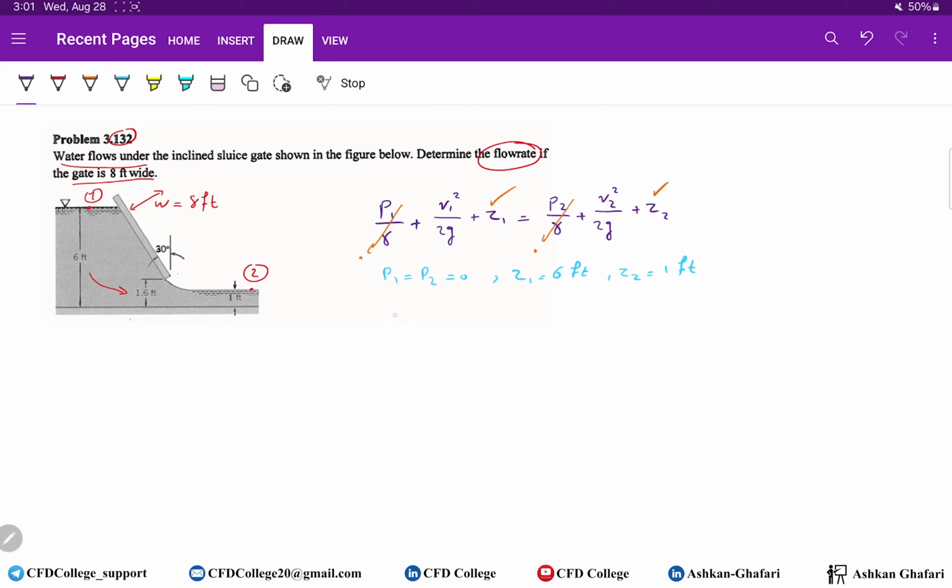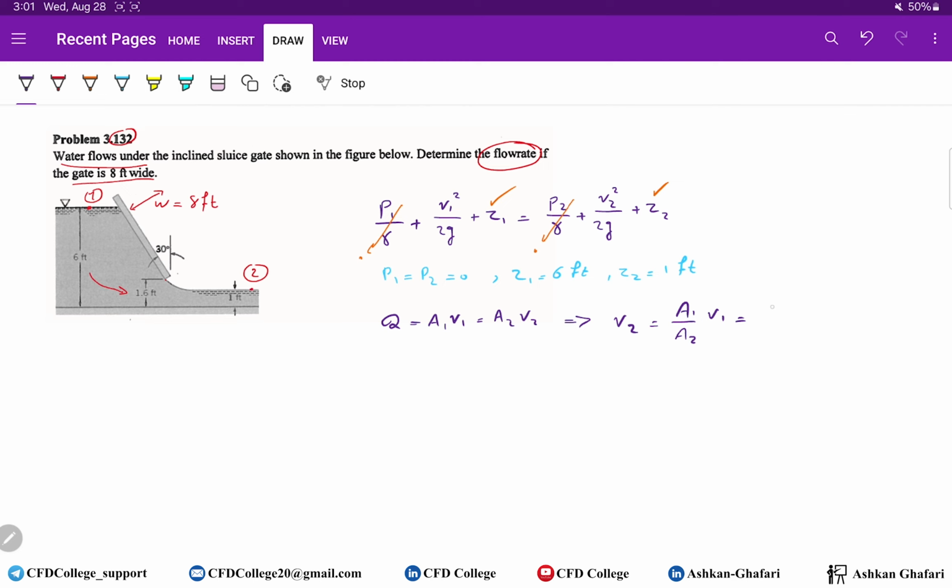And as you know, the flow rate Q is constant, so A1 V1 equals A2 V2. So V2 equals A1 divided by A2 times V1.